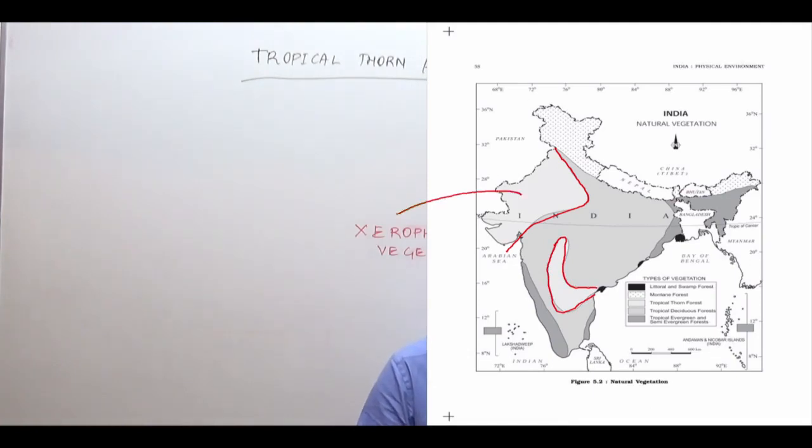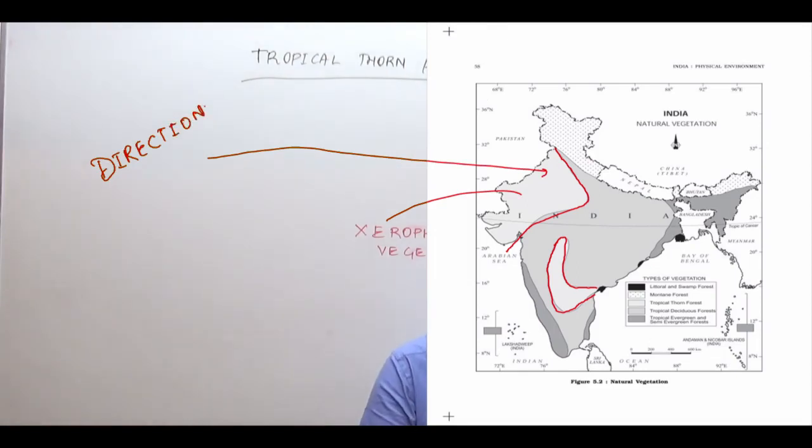Why here? Because all these are regions of xerophytic vegetation. Now, if I ask you why xerophytic vegetation in this region, it is because of the direction of the Aravalis.